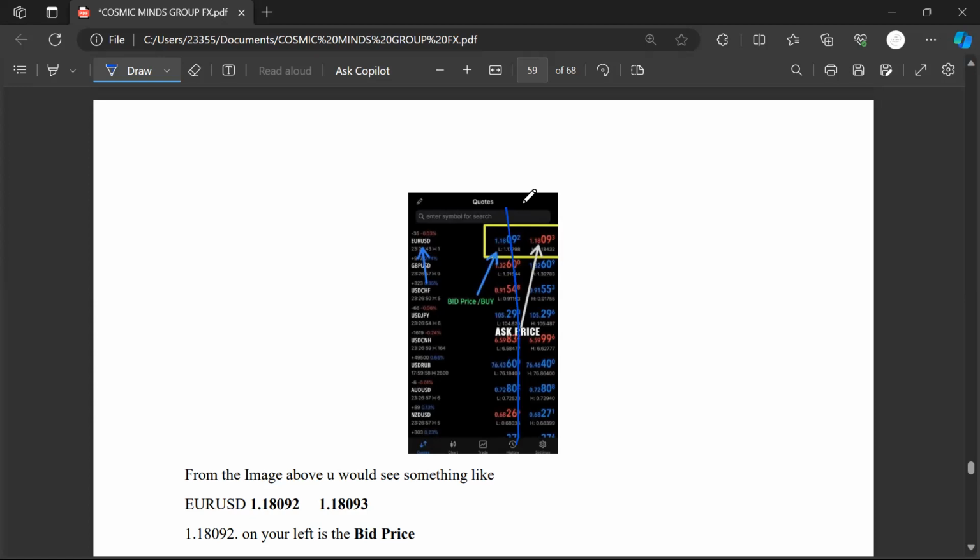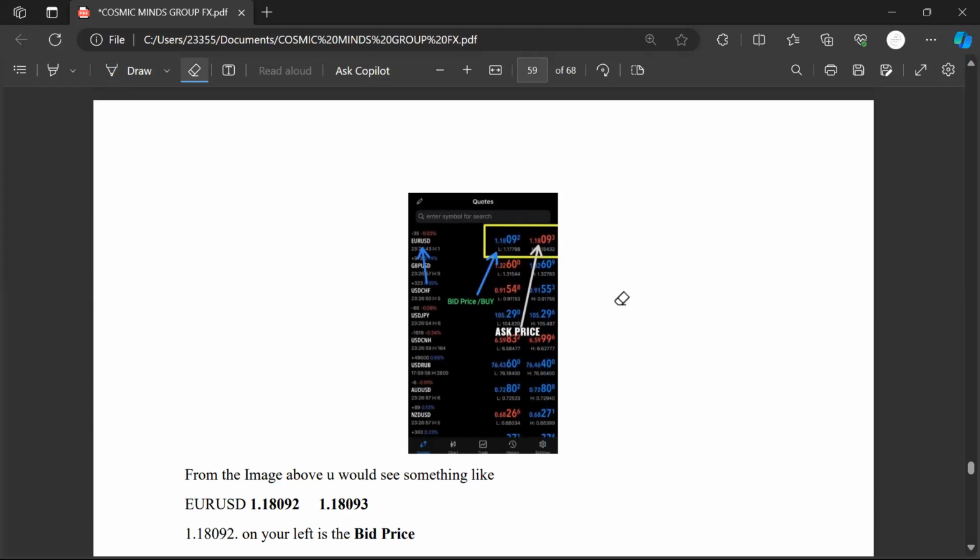It's always the price on the left, and the ask price is always the price on the right. And bear in mind, the ask price is always bigger than the bid price. It's as simple as that.